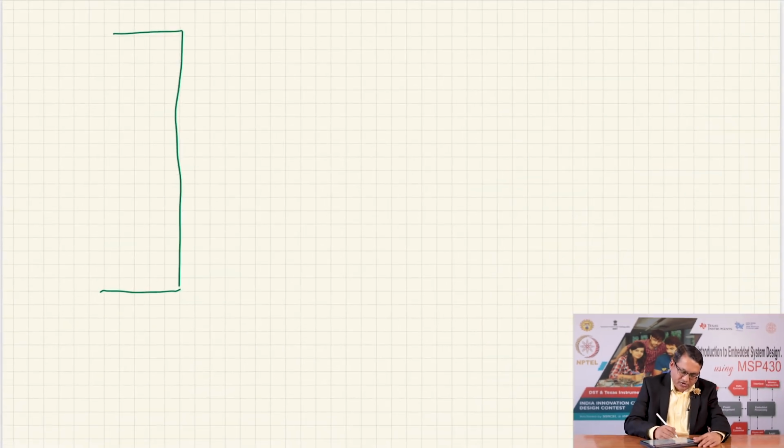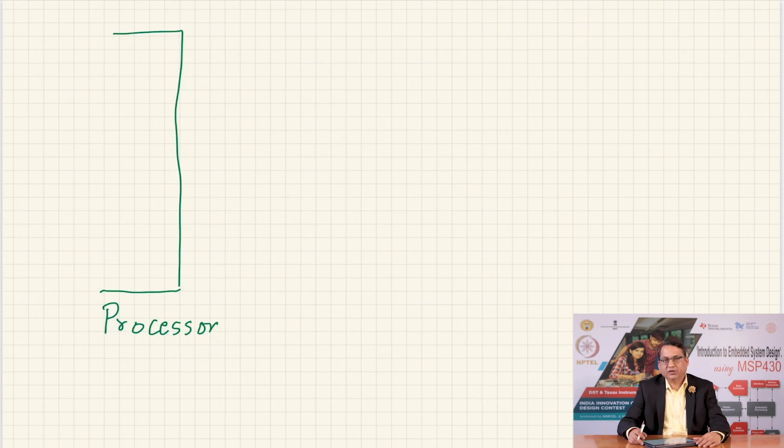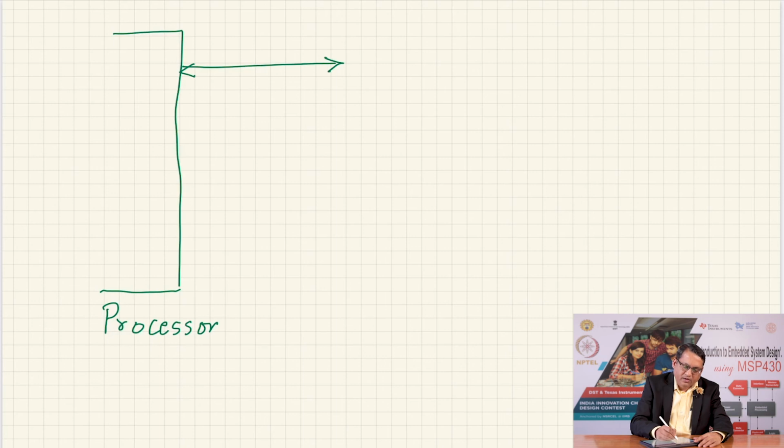So let us see how a microprocessor communicates with memory under the von Neumann architecture. So if this is your processor, and I am going to use the word processor a little loosely, it could be a microprocessor or it could be a microcontroller, does not matter. In a von Neumann architecture, you would have a single data bus. This is the data bus.